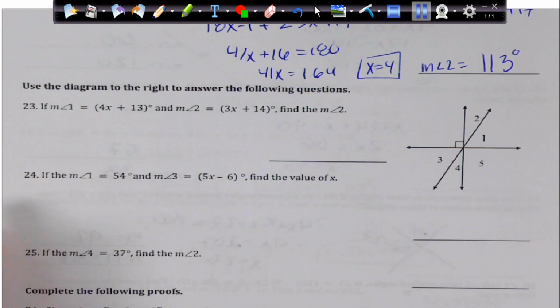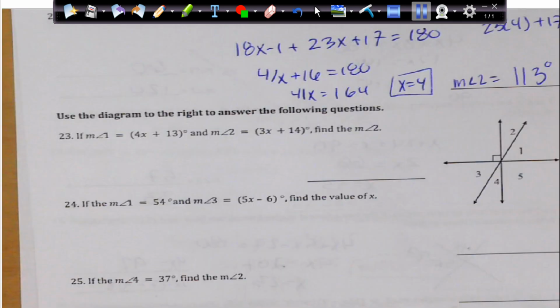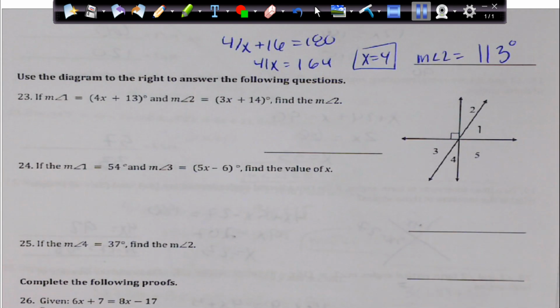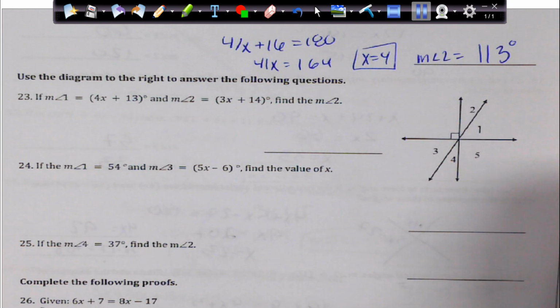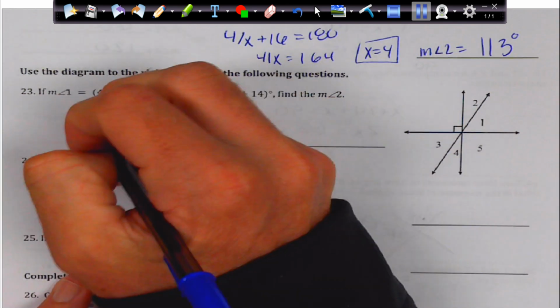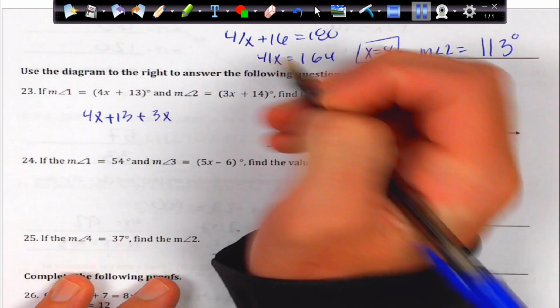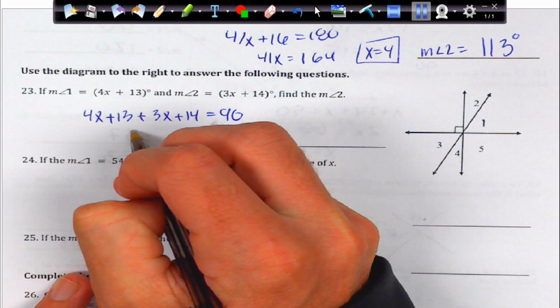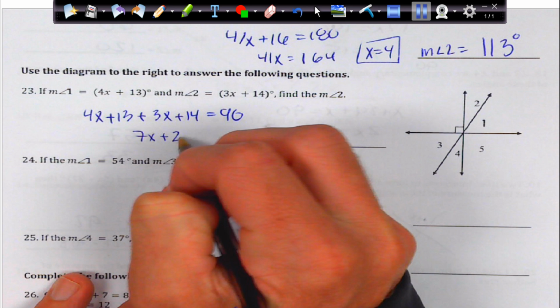Yes. All right, last 3, and then it's proof time, and I think some factoring. So we still got, wow, we had a long study guide. Okay. 1 and 2, what kind of angles are they? They are complementary, so we're going to set them up to add and equal 90 degrees. So we get 4 plus 3 is 7x, 13 plus 14 is 27.